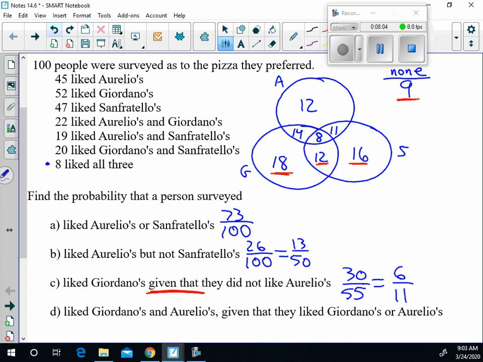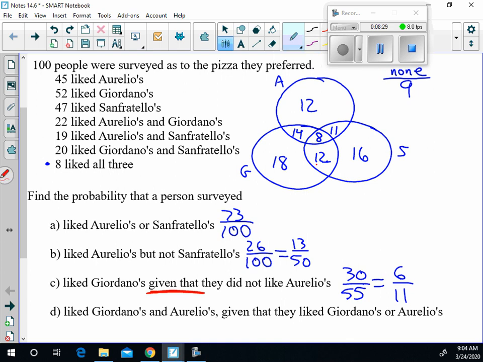Anytime we get that "given that," we've got to reduce our subgroup. All right, let's grab the small eraser real quick and erase the underlines that I used for that problem. Kind of a nice technique you can use when you're doing these problems is, once you get your Venn diagram correct, make sure it's in pen so you can reuse it for different problems.